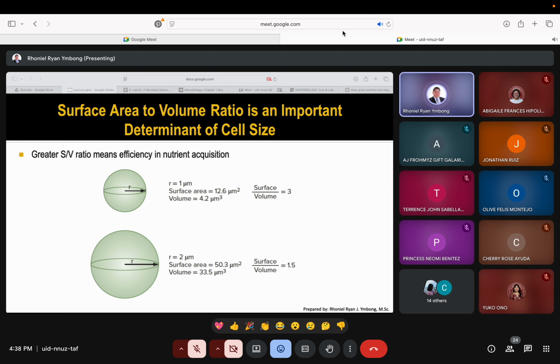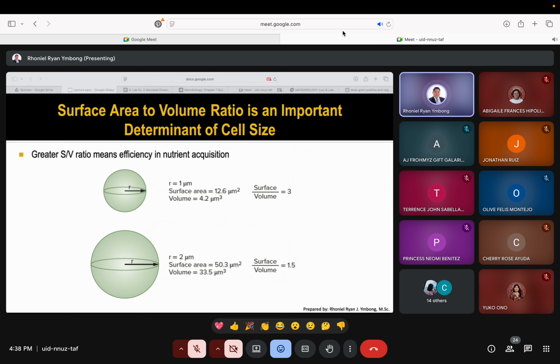So, your bacterial cells are very, very tiny. But then again, the question is, why are they so tiny? How does this particular adaptation with regards to their size become so efficient for them?